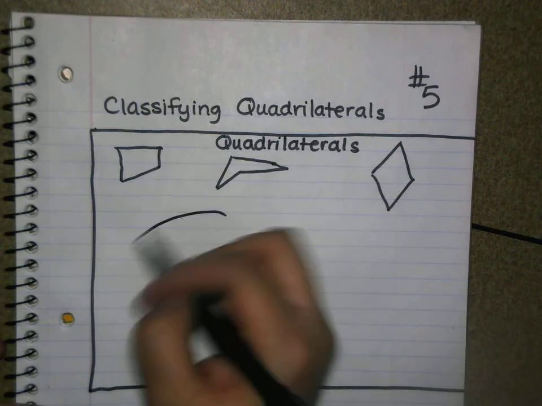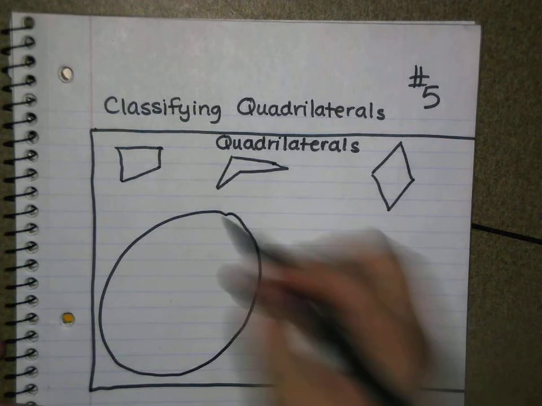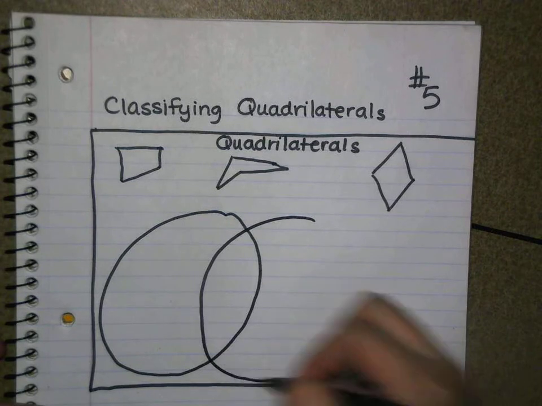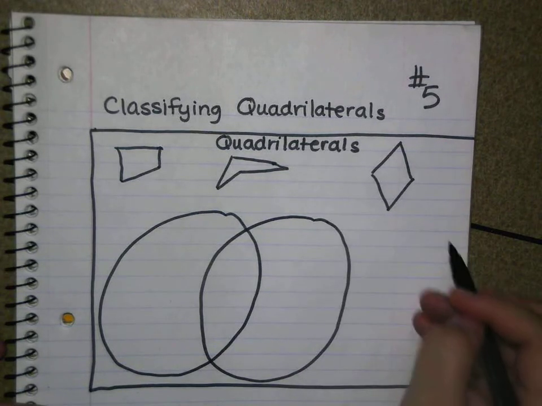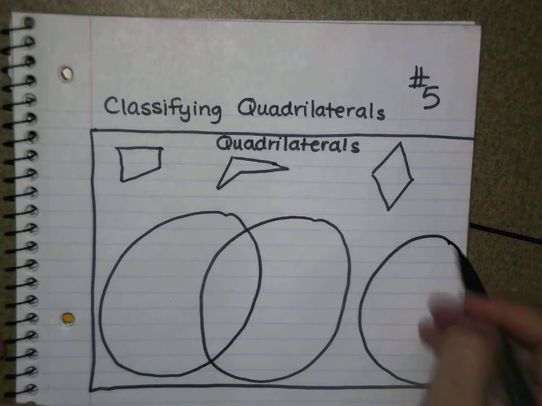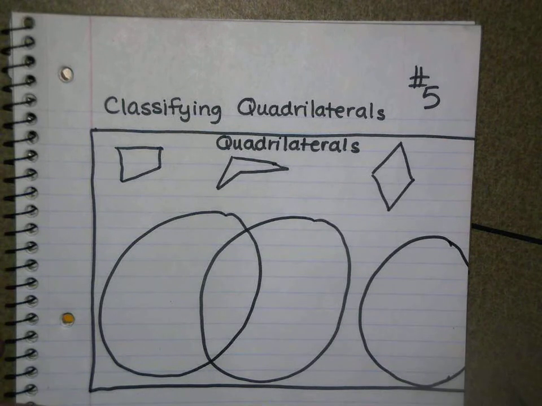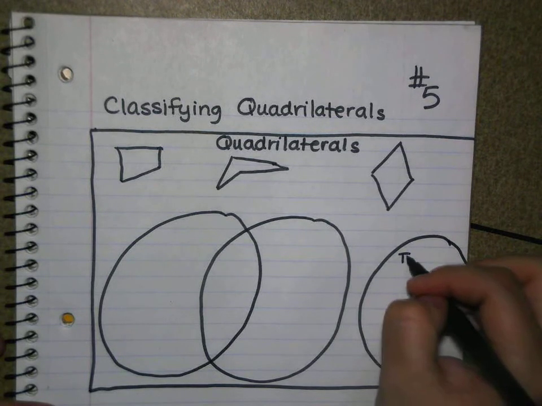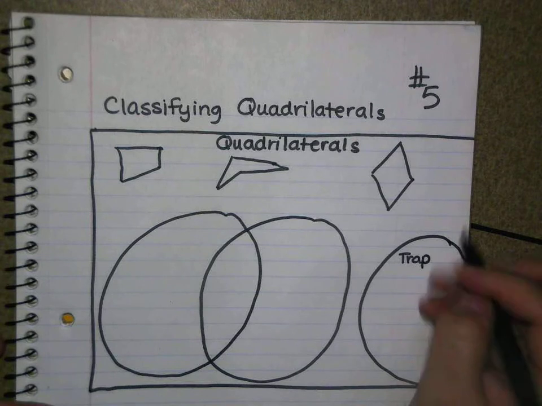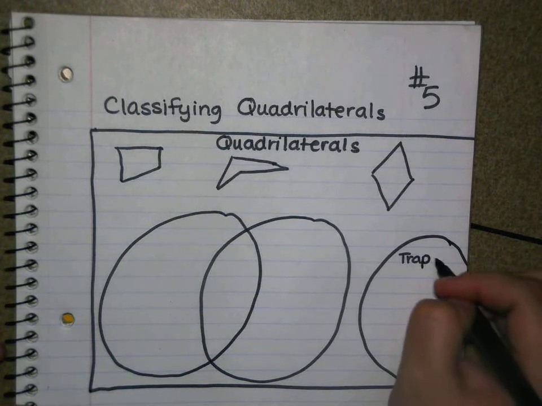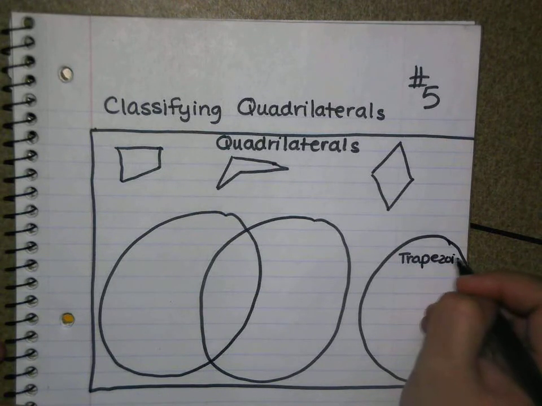Okay, then we're going to have a special section. We're going to have actually a Venn diagram in the middle, and then a special section off to itself. The special one off to the side is called trapezoids. T-R-A-P-E-Z-O-I-D, trapezoids.